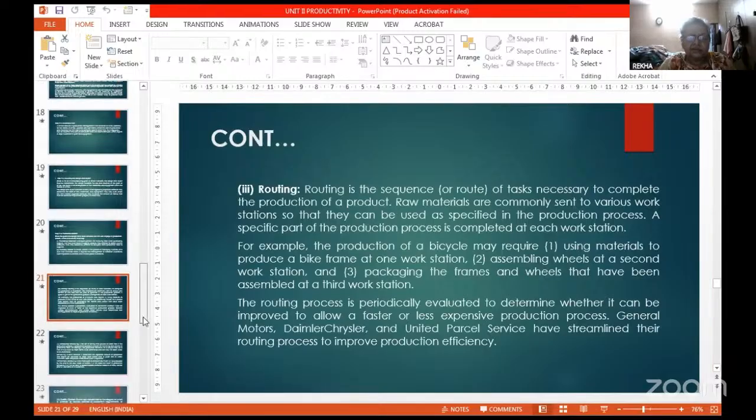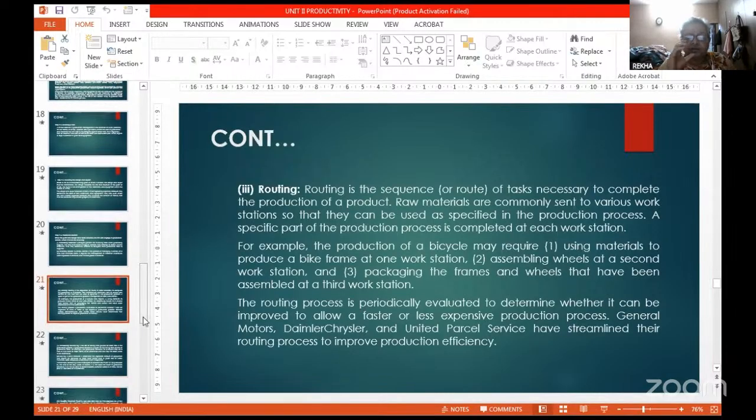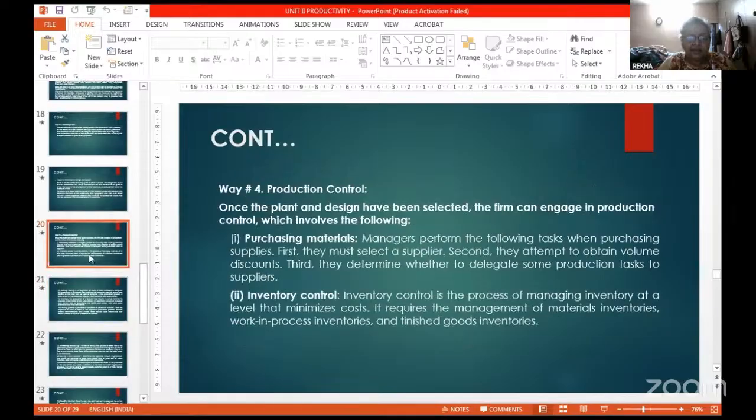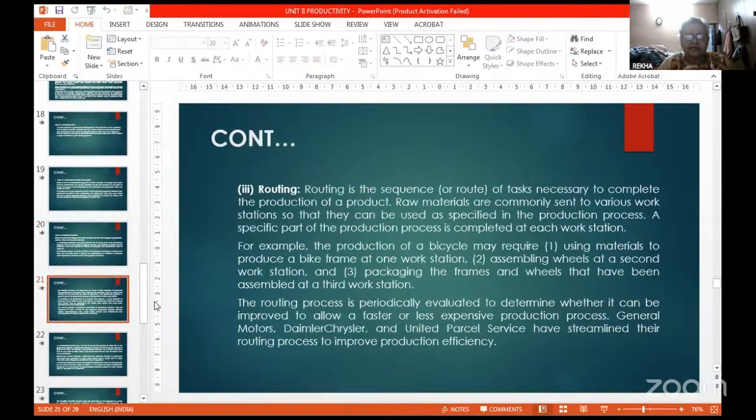So this way you have control. That is why inventory control is very important, whether it is of finished goods, semi finished goods, or raw material.